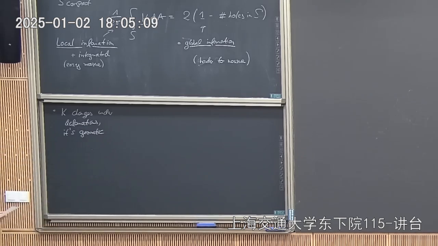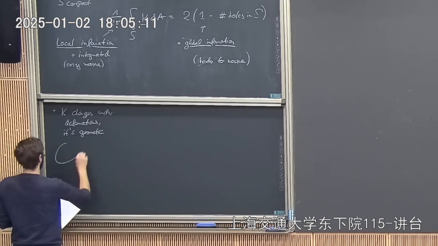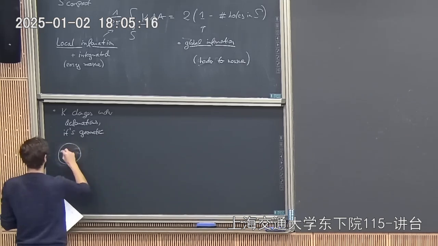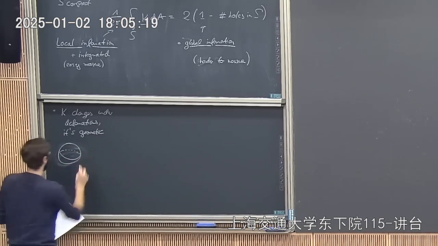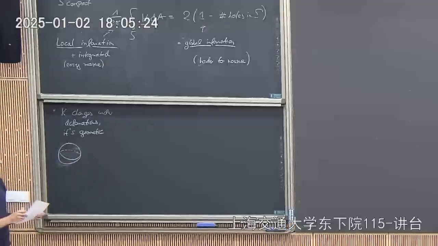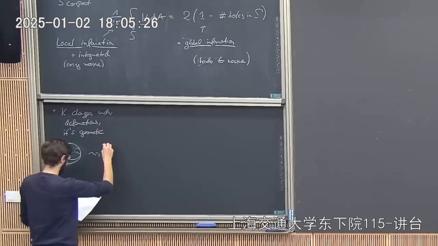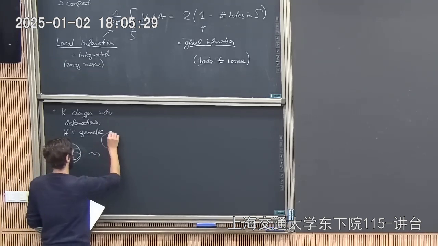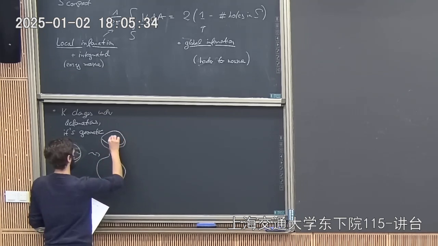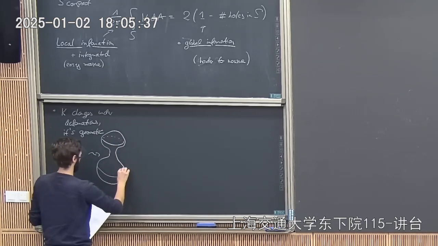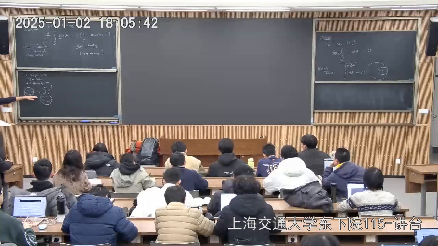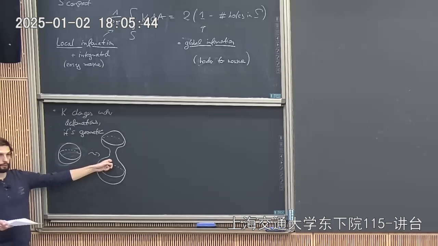For example, if you have the round sphere, you can deform it and make it look a little bit more like a handlebar, and then it's obvious that the Gaussian curvature of this one and this one is very different, right?